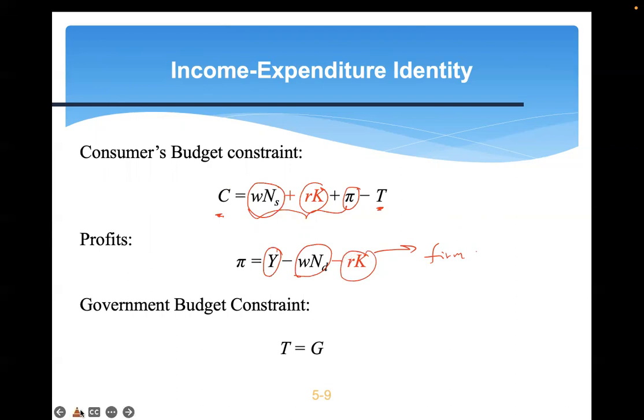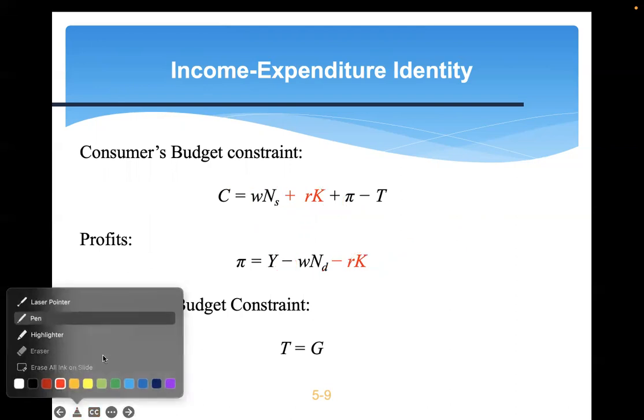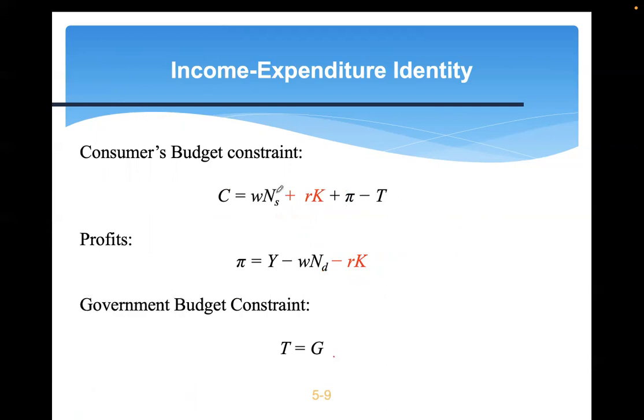Let me erase and take a closer examination. Look here, we have NS and ND. That's different because one is from the household side, the other is from the firm side.